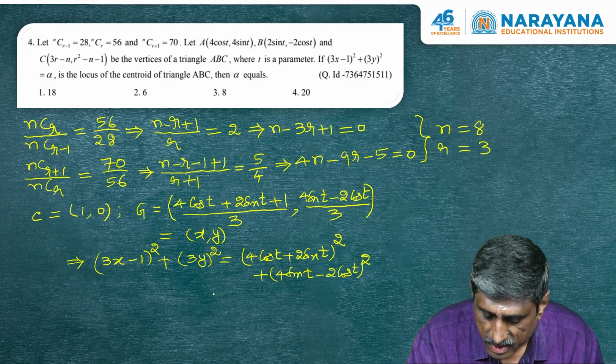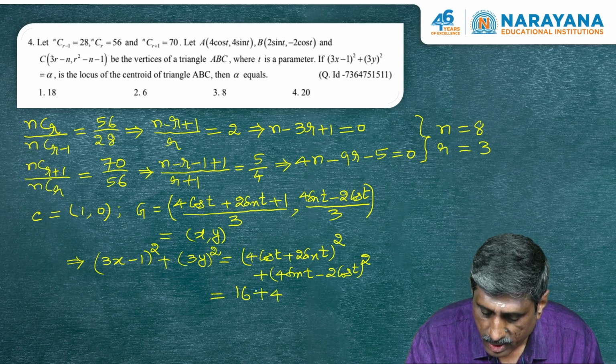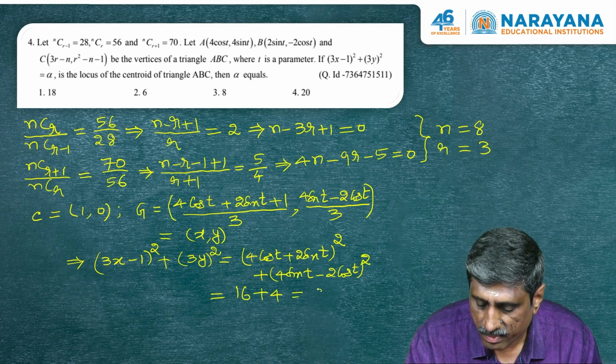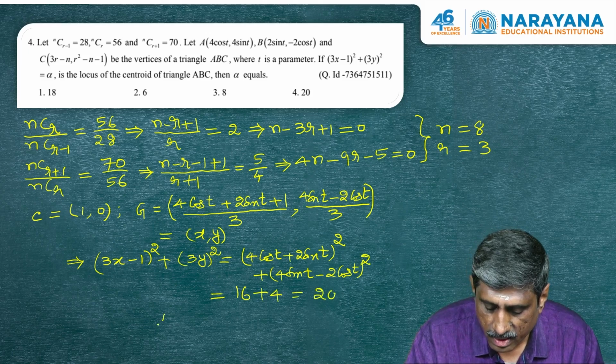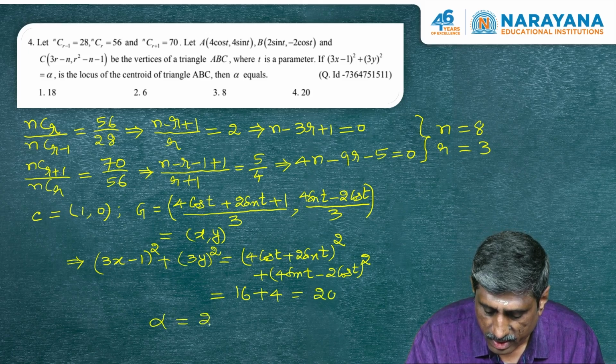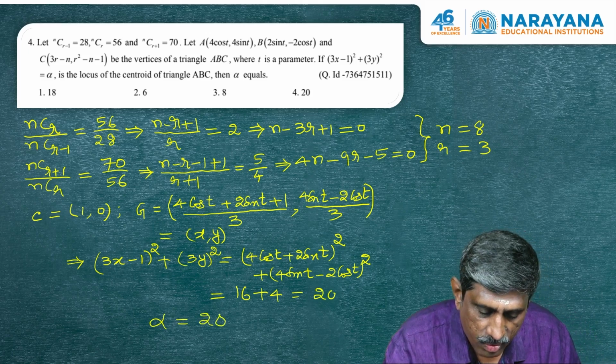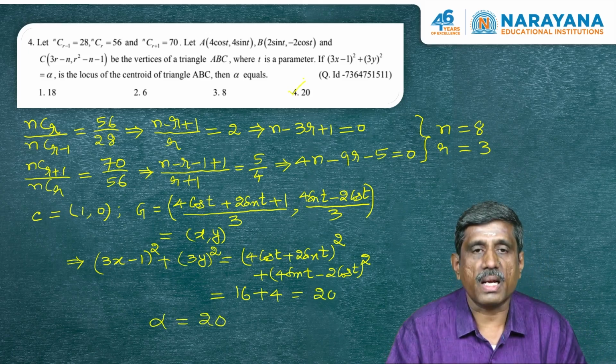When we simplify this, we get 4 square is 16 plus 2 square is 4, and the remaining terms get cancelled, which is 20, and alpha is equal to 20. That is what is given as the value of alpha. So, option 4 is the correct answer.